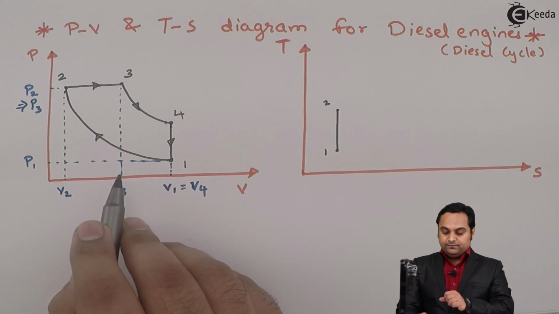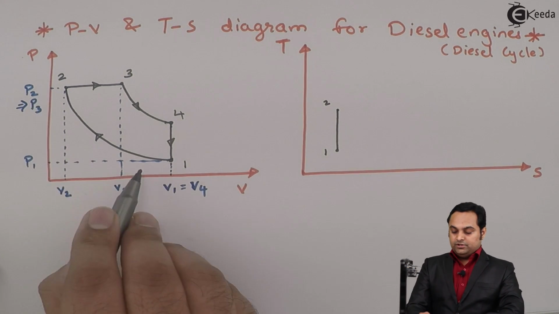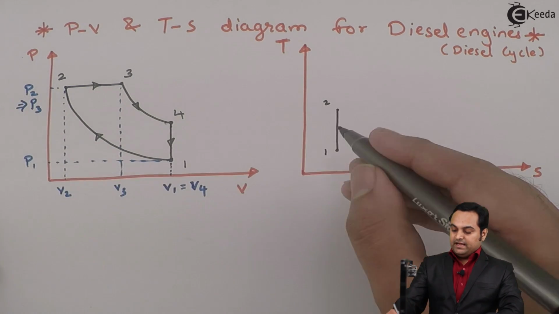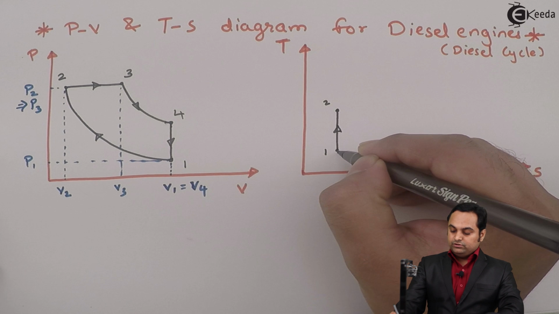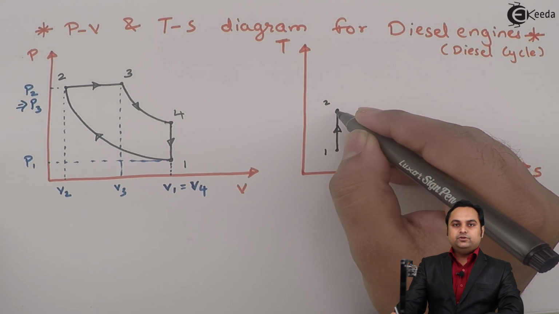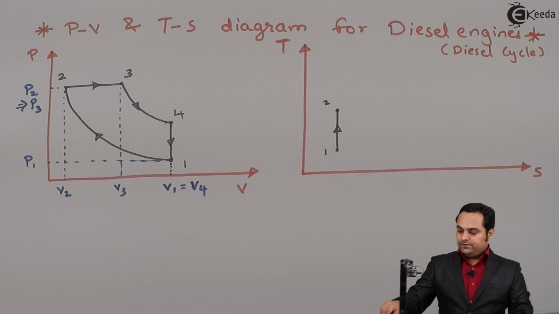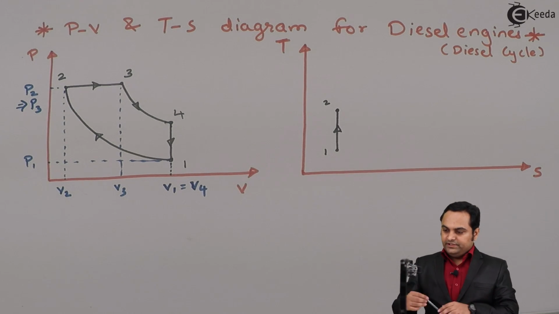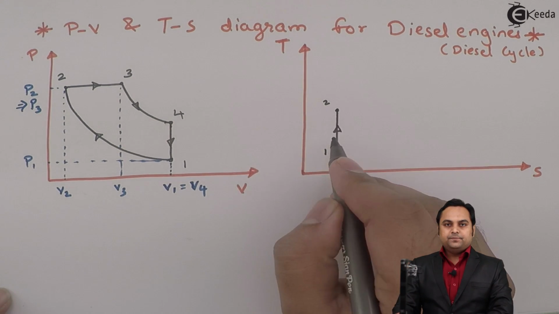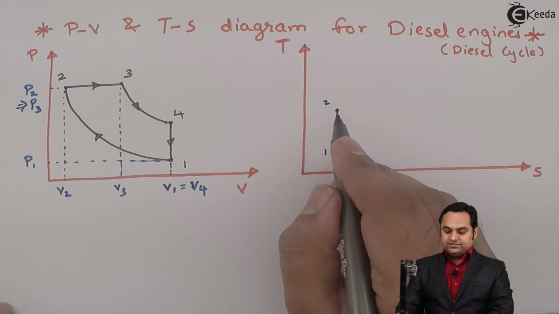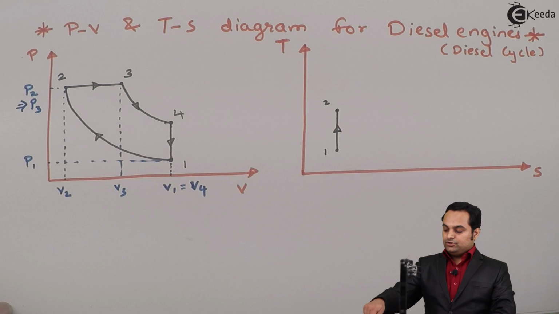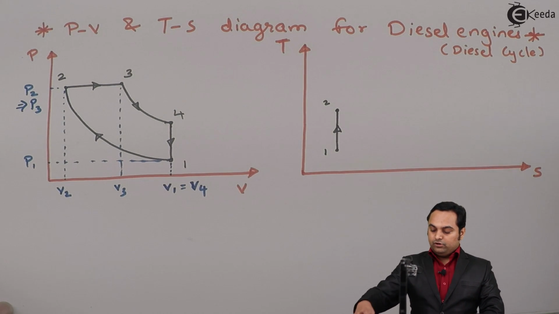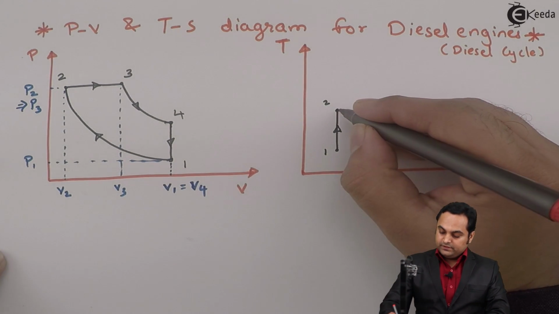Now, in case of isentropic compression, the pressure has increased, and the temperature also increases. So temperature increases from point 1 to point 2. So now your process 1 to 2 indicates isentropic compression wherein temperature has increased. Next, 2 to 3 is constant pressure heat addition. So here I will draw a light line representing it.